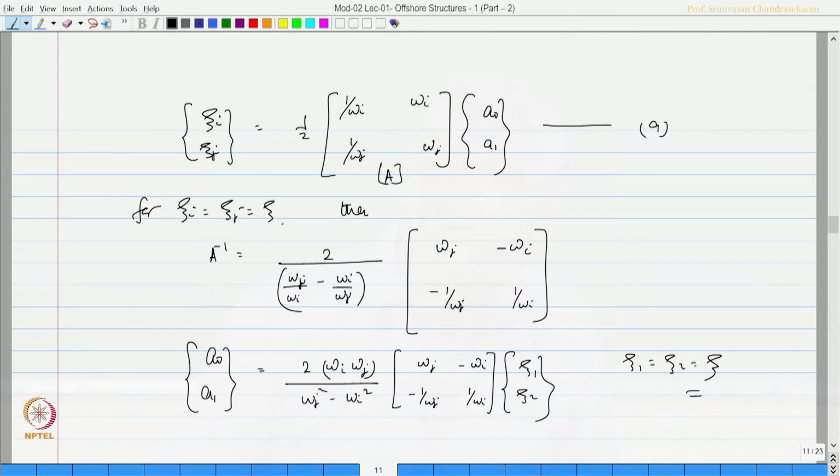I am just finding this value. There is no zeta 1, zeta 2; there is zeta, divided by this.